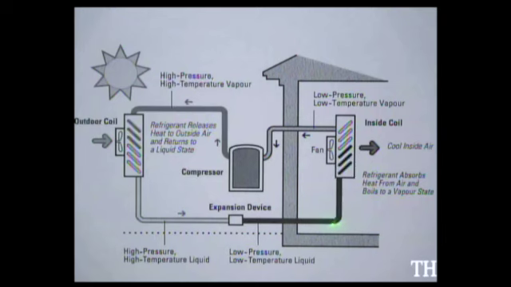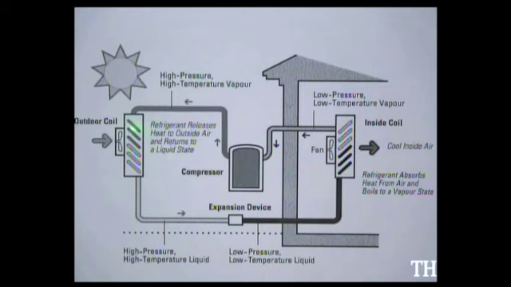Now it goes back into the inside coil, the A coil, turns to a vapor, removes heat from inside the home, and it starts the process all over again. Now it's a low pressure, low temperature gas to the compressor. The compressor squeezes the gas, turns it into a high pressure, high temperature gas. It comes to the outdoor coil.